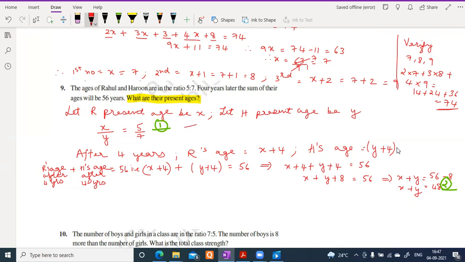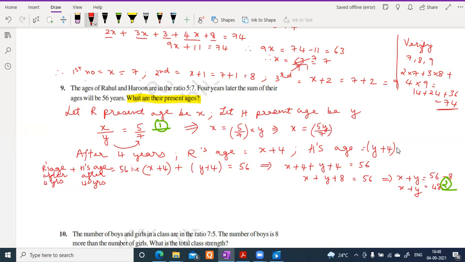So from this we can write that x is equal to 5 by 7 into y. If I transfer this y to this side, it will become into y. So x is equal to 5y by 7, right? How?